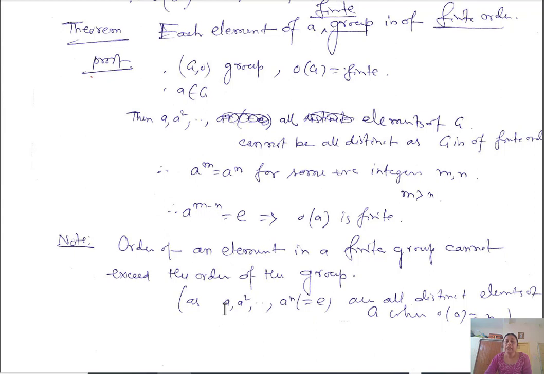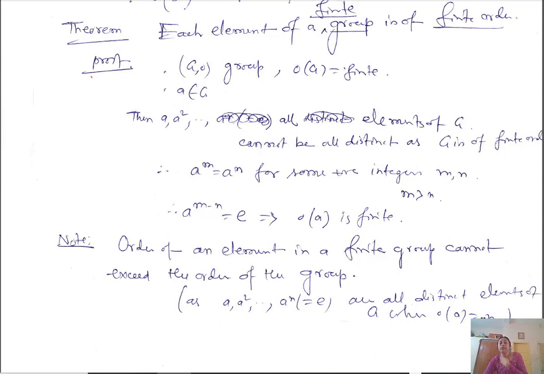So a square, a cube, keep on doing that. Since it is a finite group, a to the power n equals e at some point. When the order of a is n, then a, a square, up to a to the power n are all distinct elements.